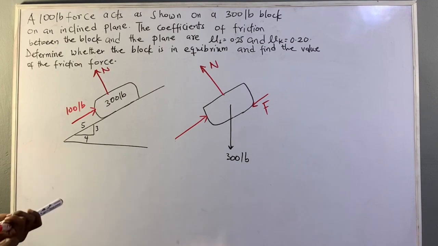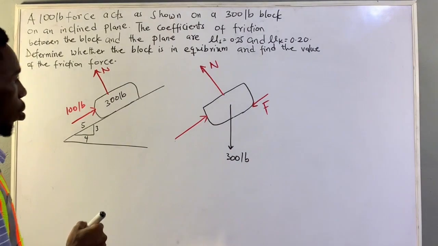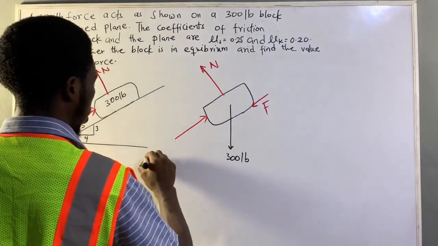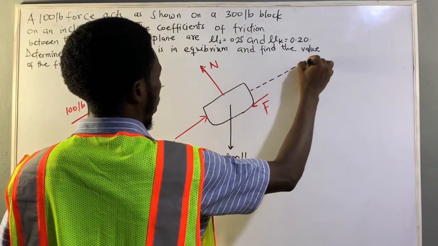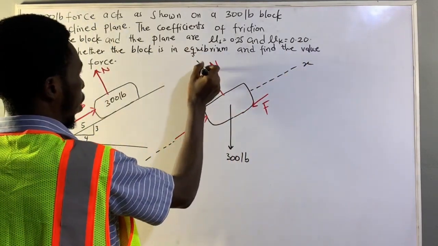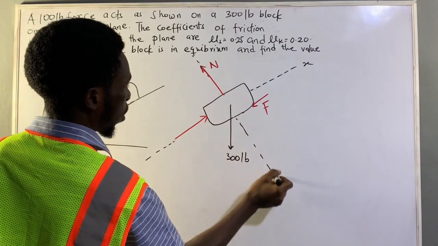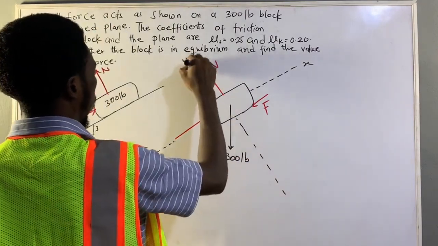Right now, let's look at our x and y axis. I'm going to consider this axis as my x axis, and this will be my y axis.